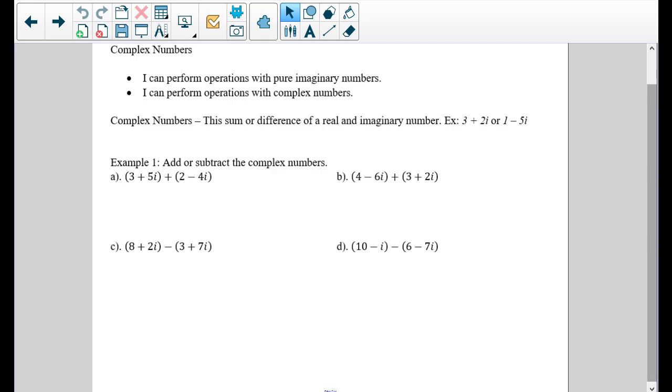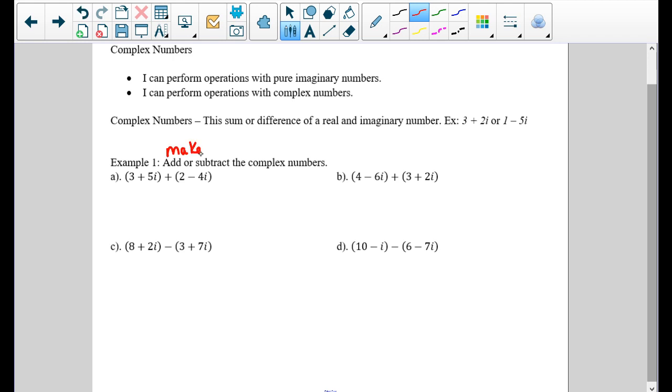Adding and subtracting complex numbers. Biggest thing is, make it like x's, okay? So when I'm adding and subtracting x's with variables, it's no different.